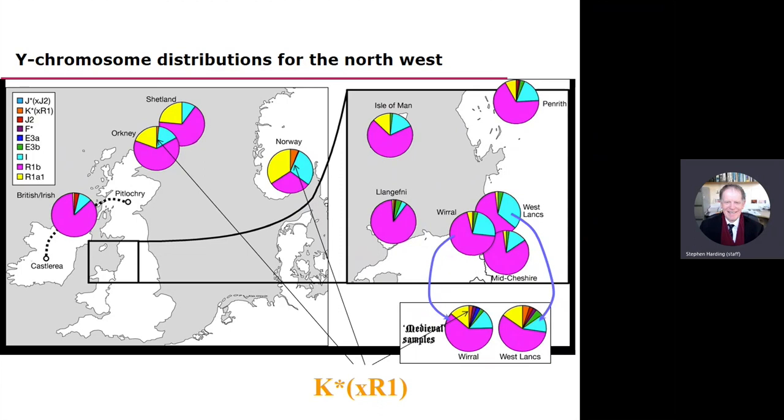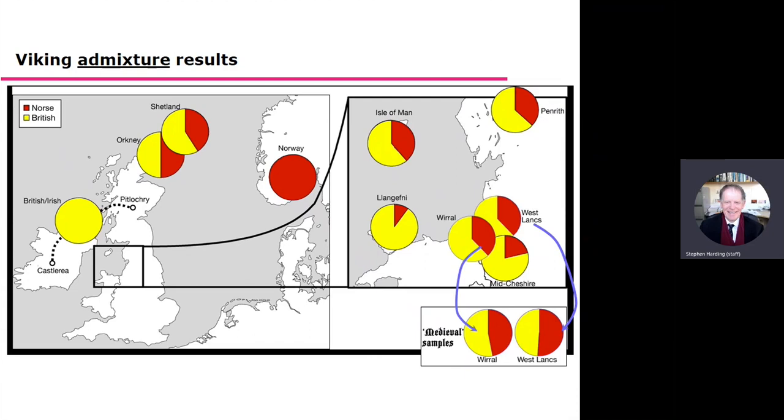So if you take this data and do these population similarity analyses, then you can get an idea of how similar populations are to each other. So let's say the yellow represents British Irish ancestry, and the red represents Norwegian ancestry.